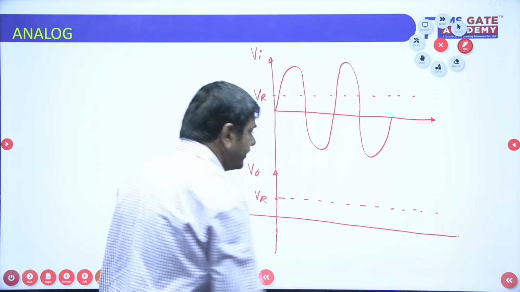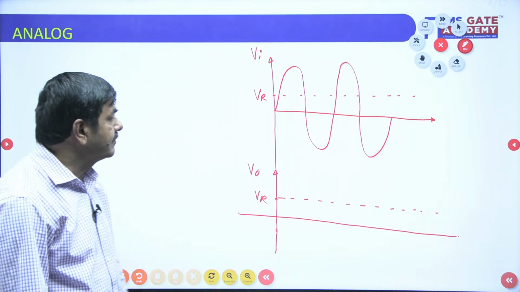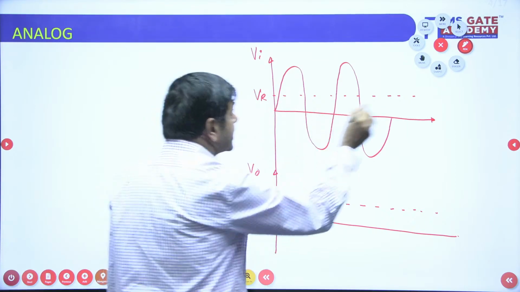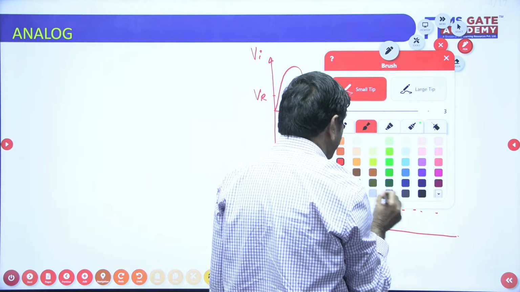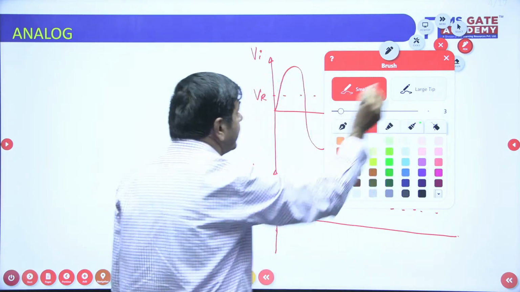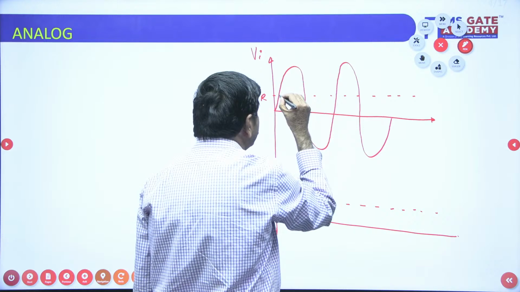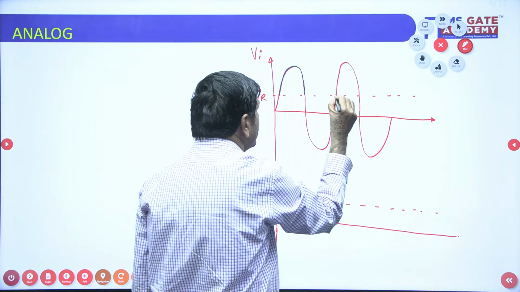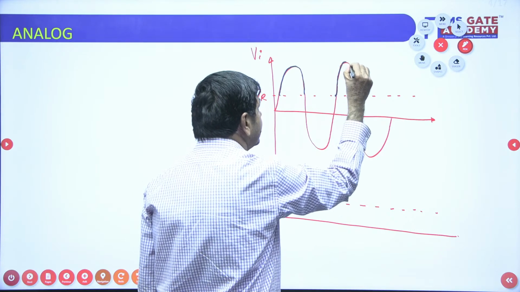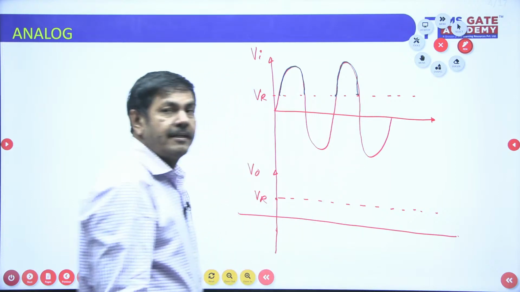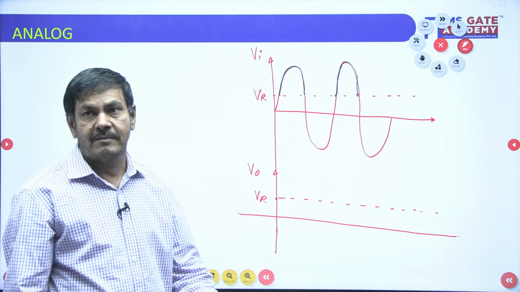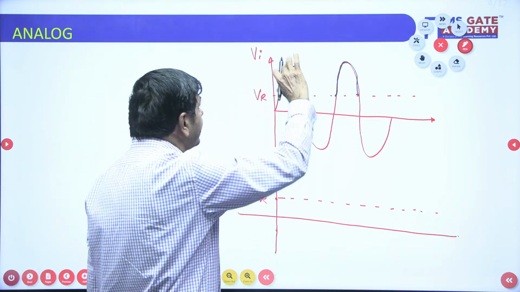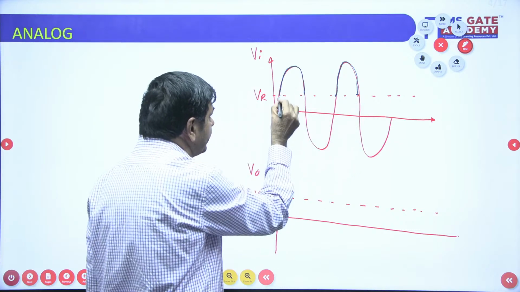I have taken a dotted line here. What is given in the problem? Catch my point. If Vi is greater than Vr, this portion is greater than Vr, and V0 equals Vr, which means a constant voltage only.